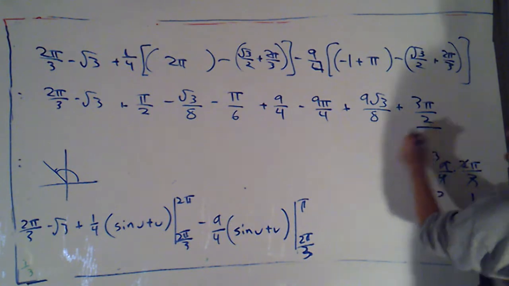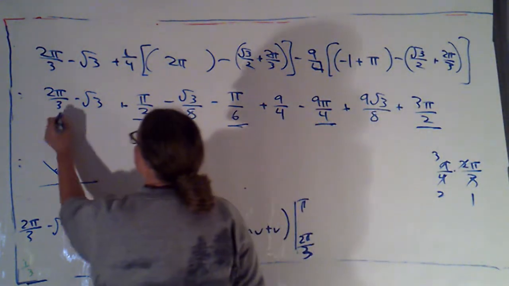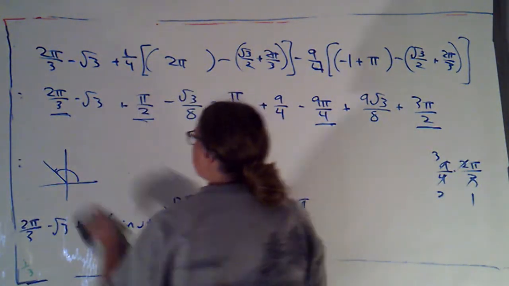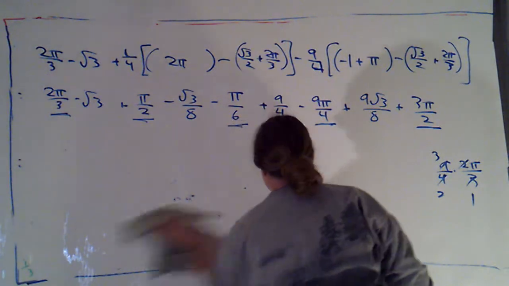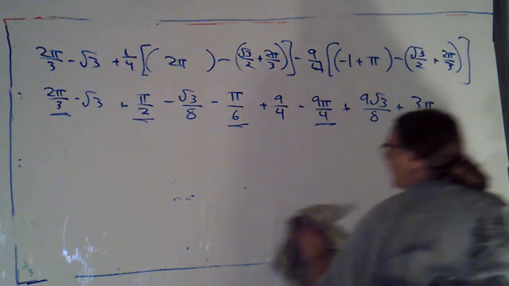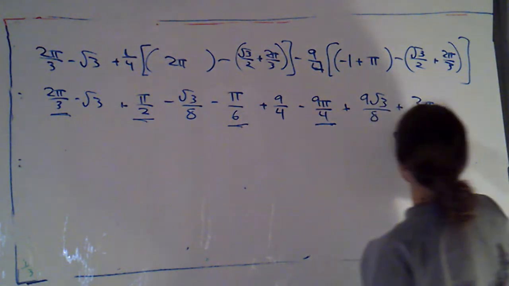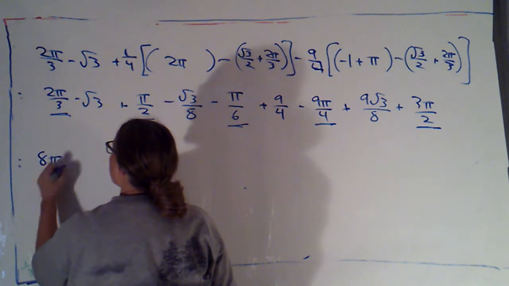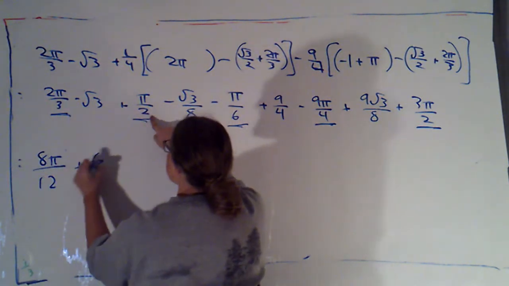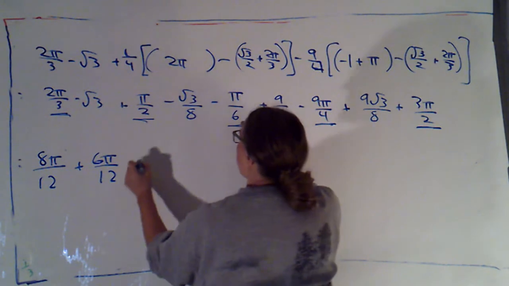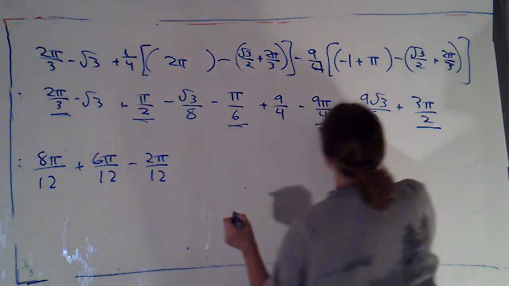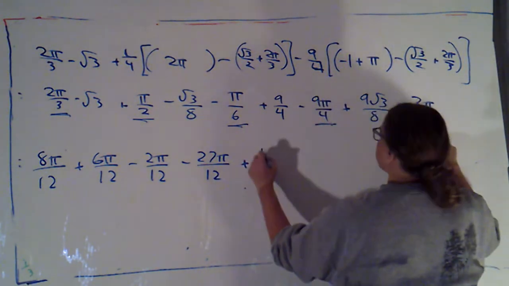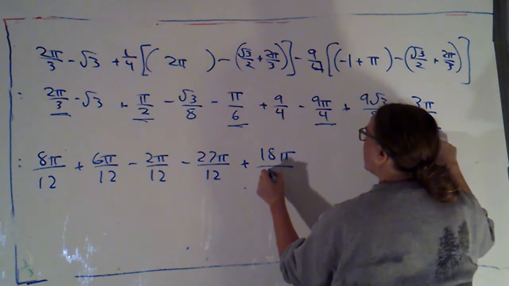Okay, so let's see. This term, this term, this term, this term, and this term all involve some pi's. So let's just get a common denominator and see what those pieces evaluate to. Looks like I want a common denominator of 12. So this will be 8 pi over 12 plus 6 pi over 12 minus 2 pi over 12 minus 27 pi over 12 plus 18 pi over 12.